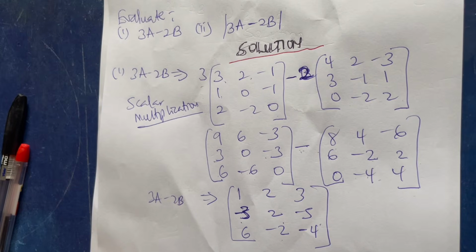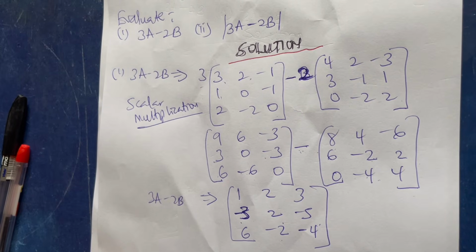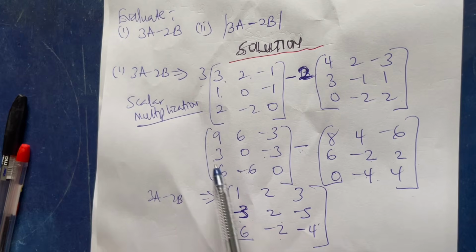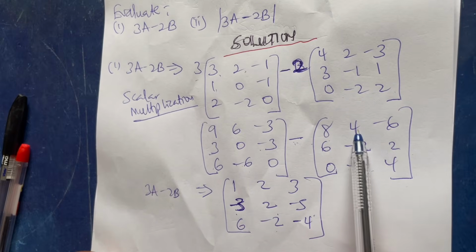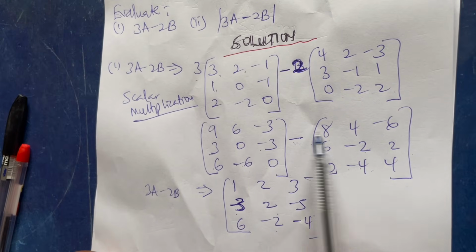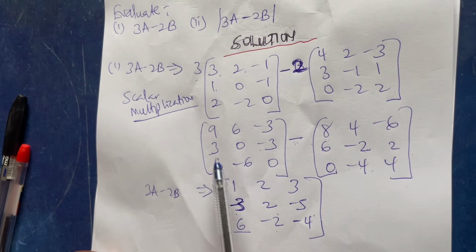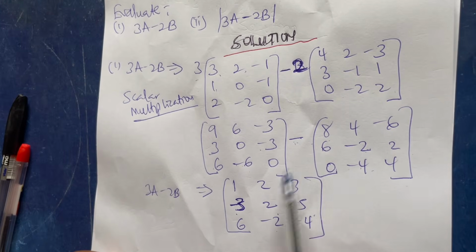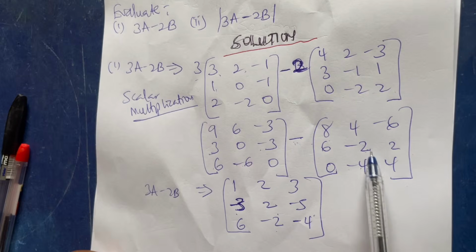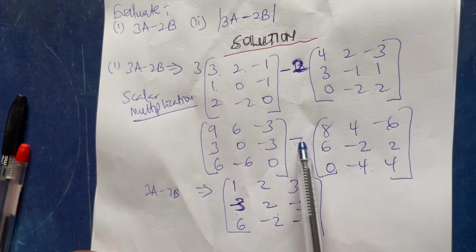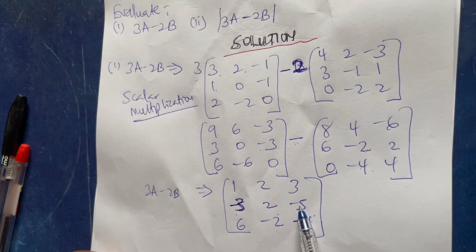Now look at this again. You can just look at it properly again. 9 minus 8, I have 1. 6 minus 4, I have 2. Minus 3 minus 6, I have minus 9. 3 minus 6, I have minus 3. 0 minus minus 2, I have 2. Then minus 3 minus 2, I have minus 5. 6 minus 0, I have 6.